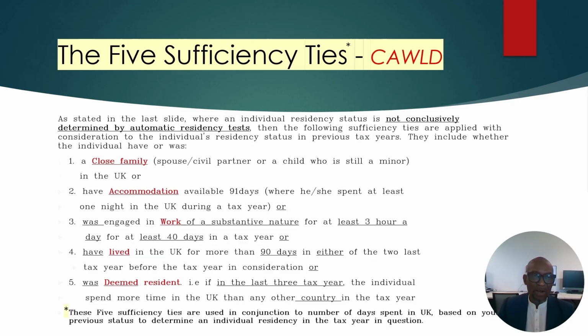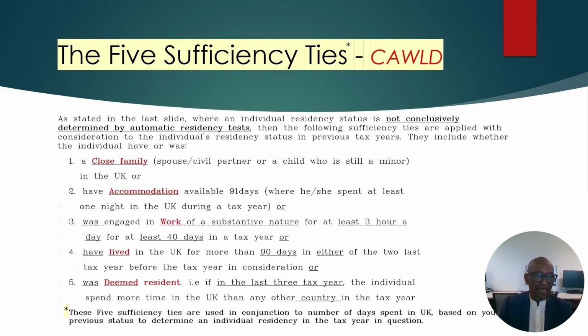2, the individual has accommodation available for 91 days in the UK. 3, the individual was engaged in work of a substantive nature for at least 3 hours a day for at least 40 days in the tax year. 4, have lived in the UK for more than 90 days in either of the 2 last tax years before the tax year in consideration.